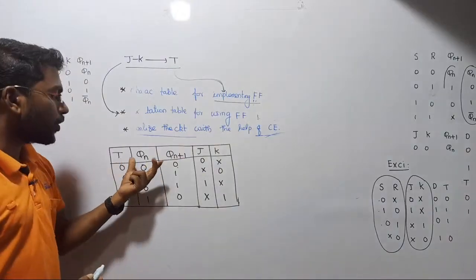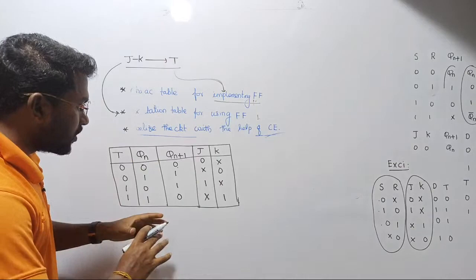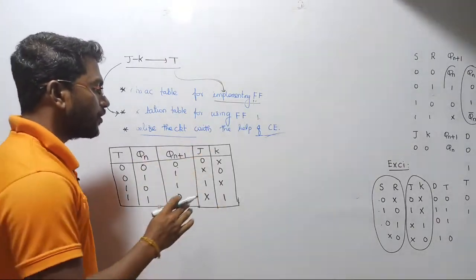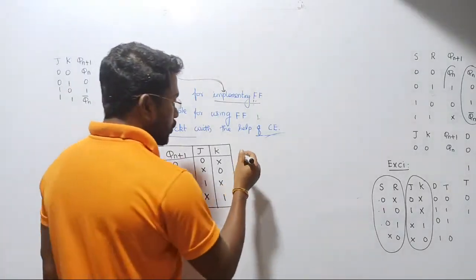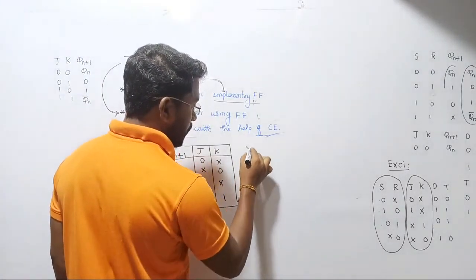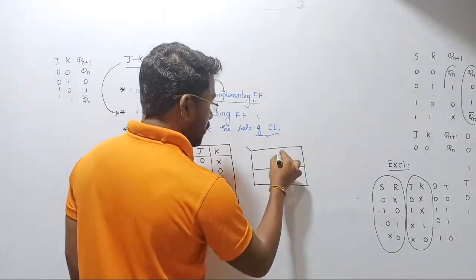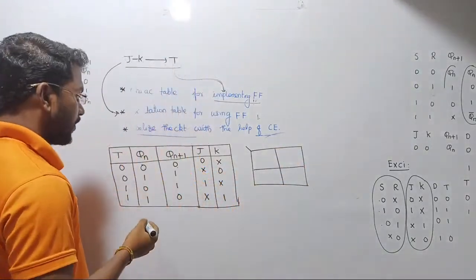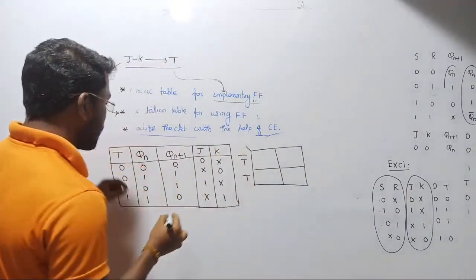When we are considering Qn and Qn plus 1 as the past and present output of the system, after realizing these things, we have to put them into the K map in order to write down the characteristic equation. So let us place them into the K map. Now there are 4 cells. We have to consider present input and past output. So that is T bar, T, present input, and Qn bar, Qn, past output.